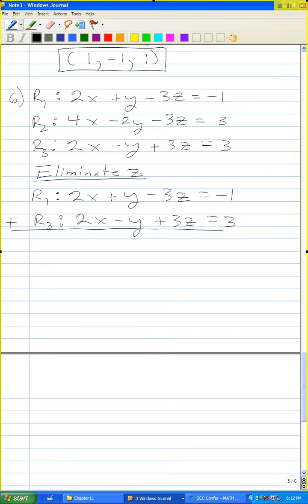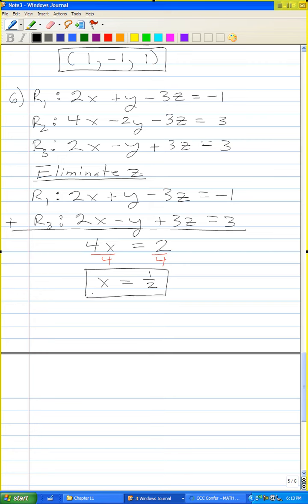Let's add these. So I get 2x plus 2x is 4x. The y's cancel, the z's cancel, equals 2. And so divide by 4, x equals 1/2. So I've actually already solved for one of the variables.